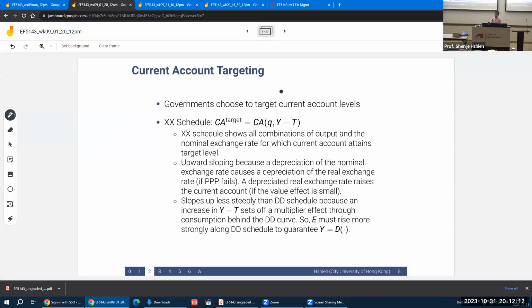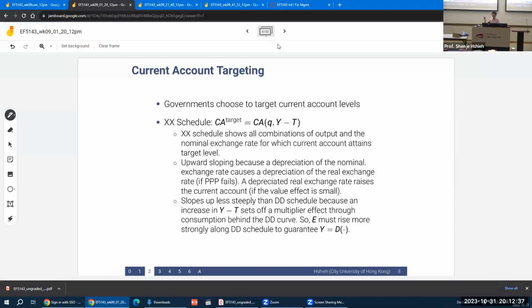Okay, so if we agree that there may be some good reason why a country wants to manage or maintain their exchange rates, then you have to believe that these countries perhaps have a current account target. And the example I always give is, again, China, right?